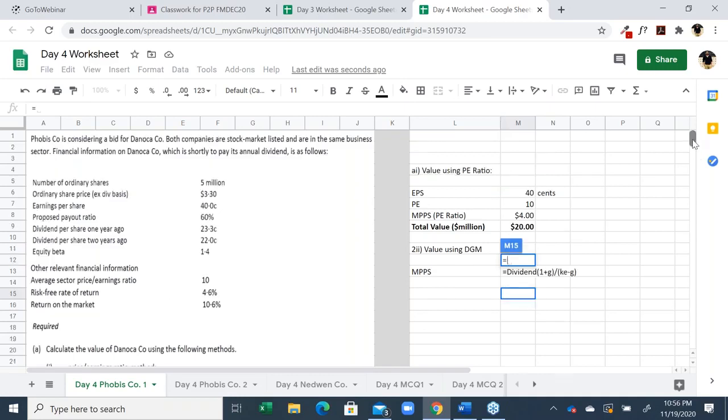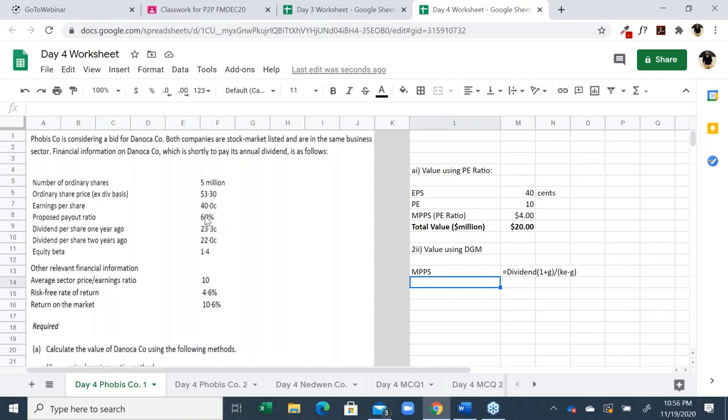In the top line, they said that Denoka company is shortly to pay its annual dividend. So it means that it hasn't paid its dividend yet. We have a dividend of 1 year ago and 2 years ago. That's not what we need. We need a current dividend first. So we don't have the current dividend figure, but we have the current earning per share and the payout ratio, which is 60%.